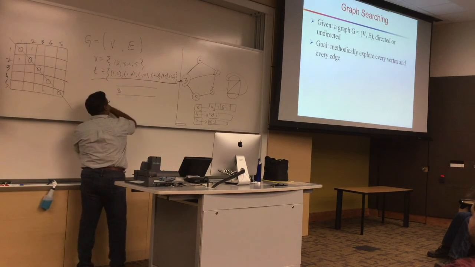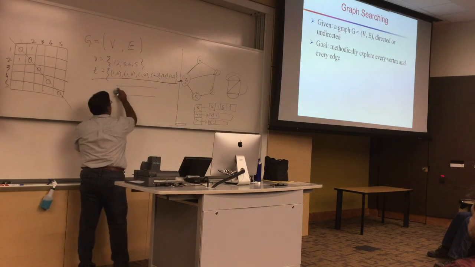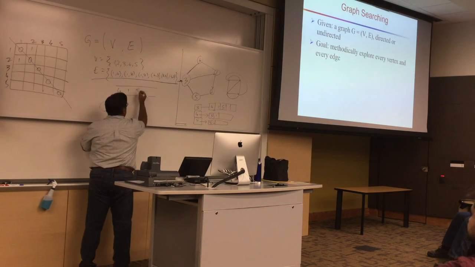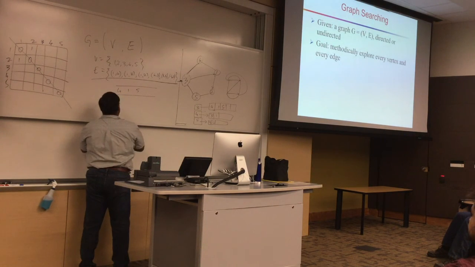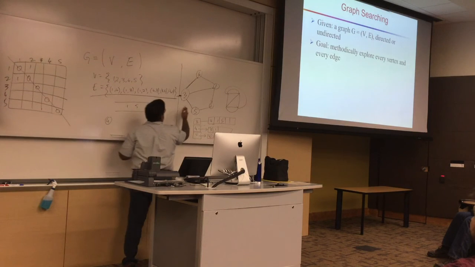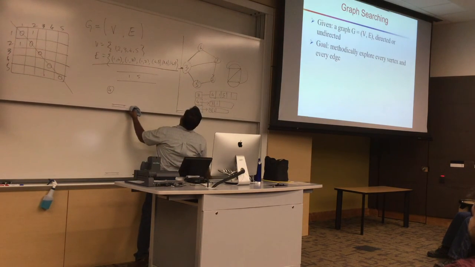Then you take this node out, 3, and you explore the adjacent nodes from 3, and so you got 4, 1, and 5. Now you take out the next one. So 4, you got 4 out, and now you explore everything that you can go to from 4. So you got 1 and nothing else, right?